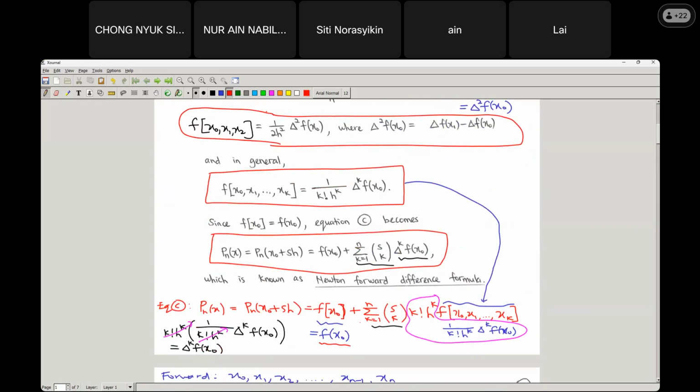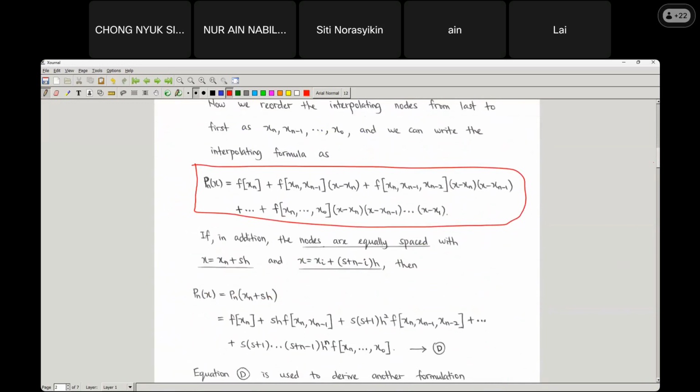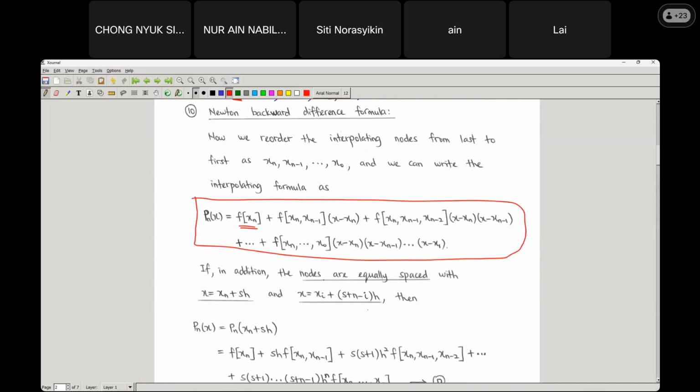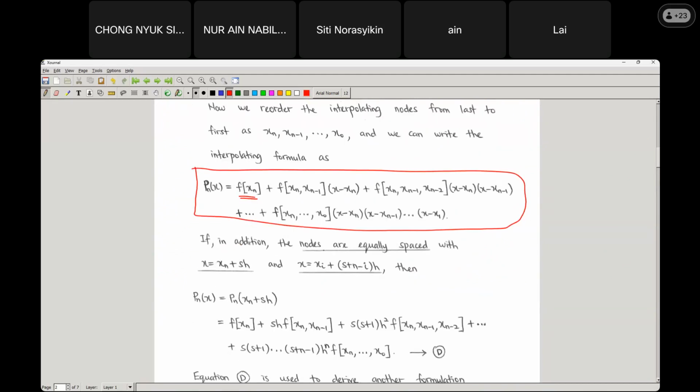Do you remember for the forward? So for the backward, we have f(xn). You see, forward, this is the first node. Backward, this one is the first node. So it's the other way around. So you remember this formula, and I'm not going to show you again. So this is the backward.